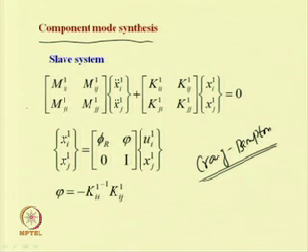Initially we have divided our structure into two parts, one with generalized coordinates and another with physical coordinates. Initially we have everything in the physical coordinate x, and we can replace it by the generalized coordinate u in this way.